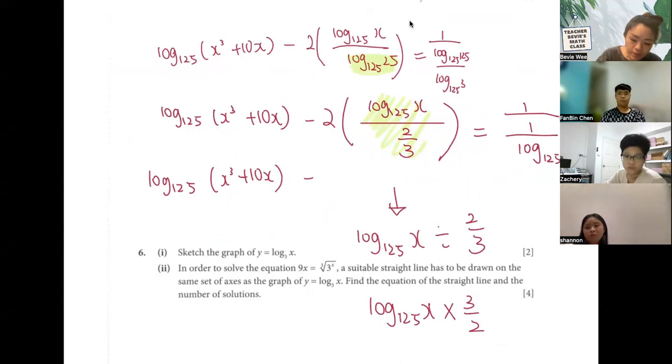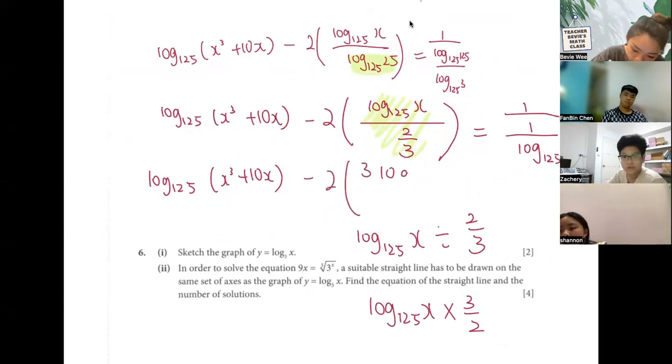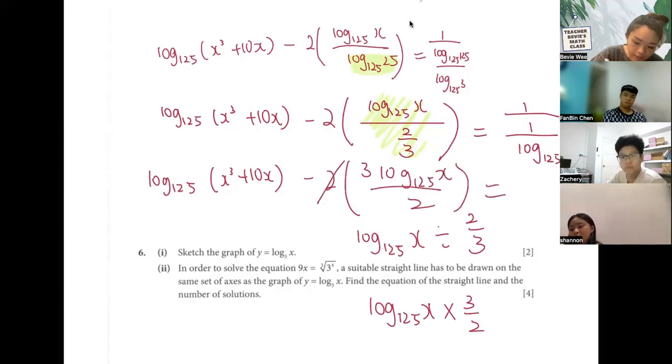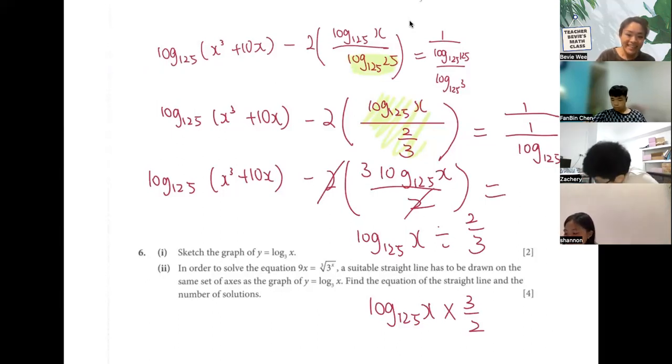Okay, which gives me 3 log 125 of x over 2. And same thing, you see, I can cancel off. Okay, so I start here first.